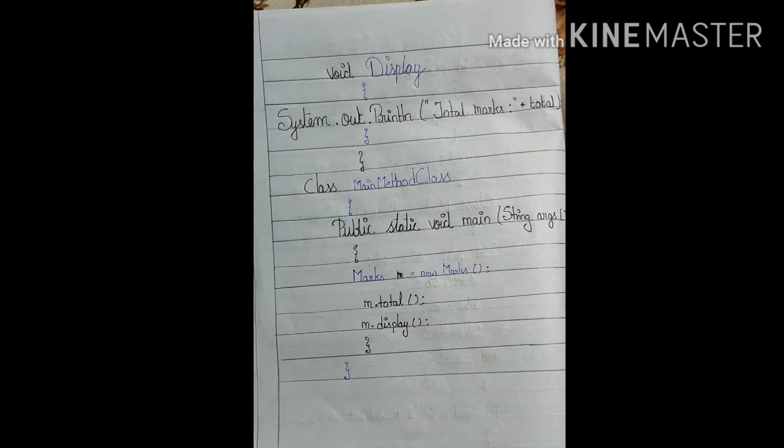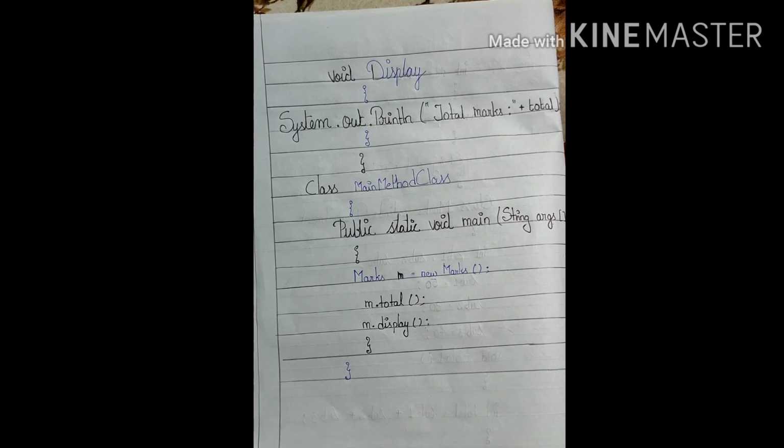As we have discussed in our second part, classes and objects, an object is used to access the members of a class. So let's create an object m of class Marks. For a detailed explanation on creating objects, please watch part 2. By using the object, let's access the class members and finish the definition of the program by closing the braces of both the main method and the main method class.